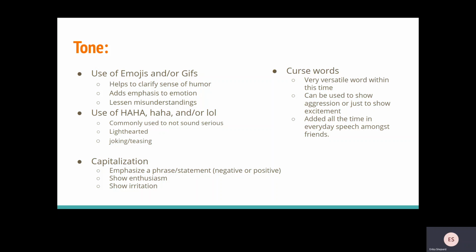So when you have visual cues to pick up on, you are less inclined to look at it the other way. So if someone sends a bunch of heart emojis or a little GIF of two little kids hugging, you're not going to be like, wow, I think she's really upset at me. You're not, because with the use of the visual cues, it helps add that kind of emphasis on the tone in which they want you to perceive.